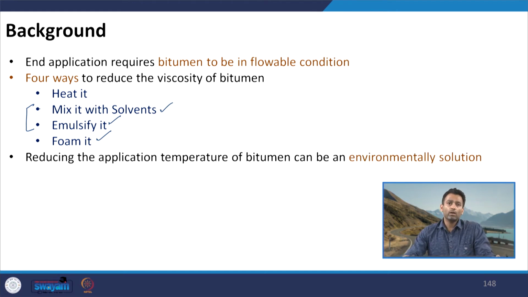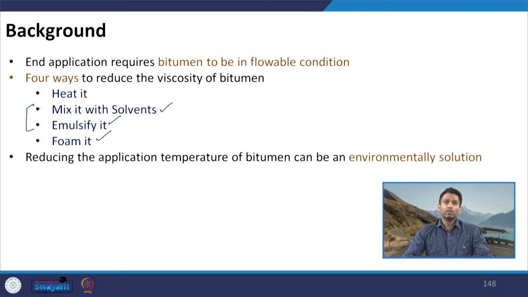One good thing about reducing the viscosity of the bitumen by alternative technologies and not by heating it is that we are going towards an environmentally friendly solution. How is that? Because heating the bitumen at a higher temperature requires more energy and more fuel, and it also releases several fumes which are not environmentally friendly.